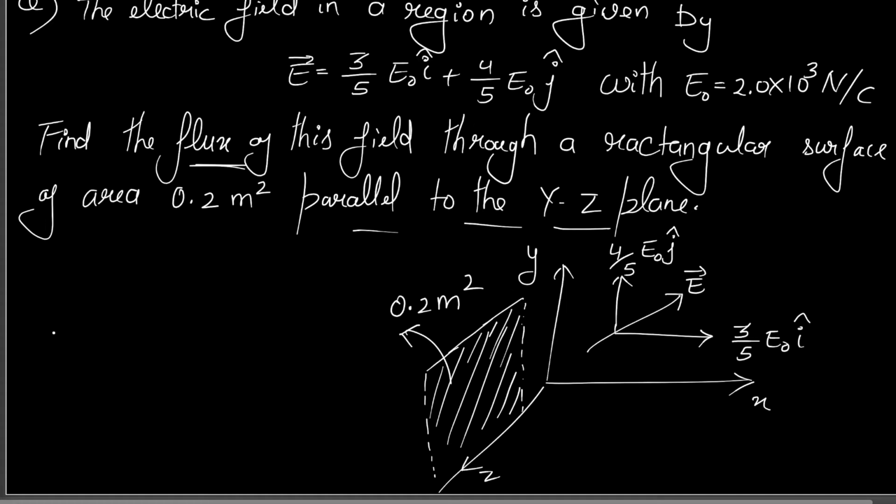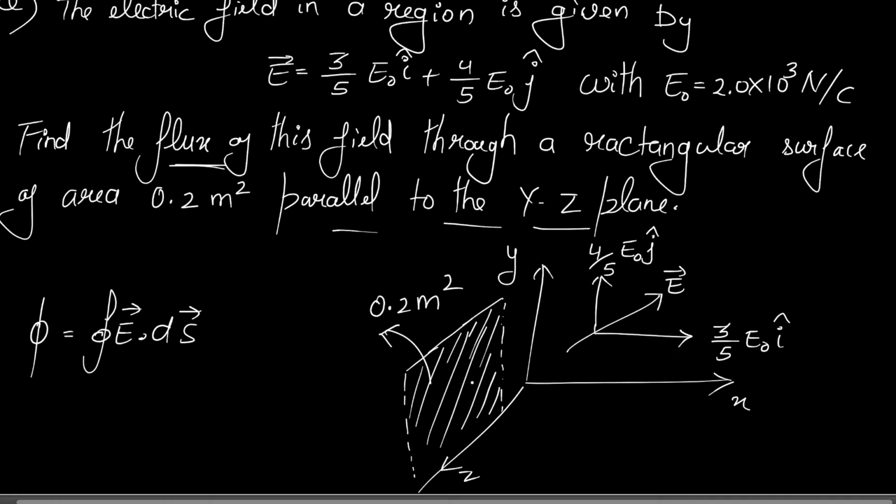Just because they are asking the flux, flux is nothing but the integration of E dot ds vector. All we have to find out is the area element. Let's suppose I take a small area element. Can you tell me the direction of this area?